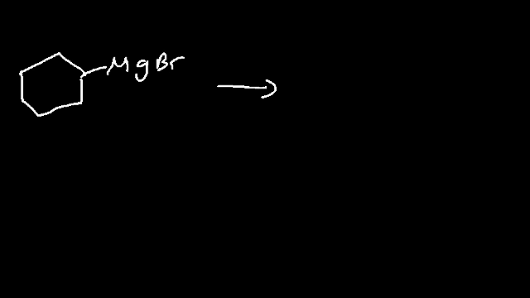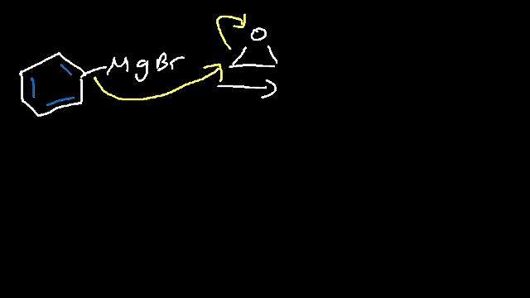Now what's going to happen if we use phenyl magnesium bromide again? But this time we're going to react it with an epoxide followed by H3O+. What's going to happen in this case? So the Grignard is going to attack one side of the epoxide. So we're going to add 2 carbon atoms to the benzene ring.